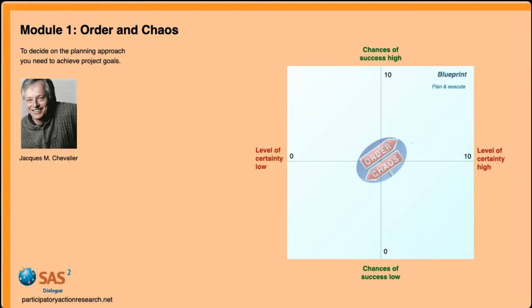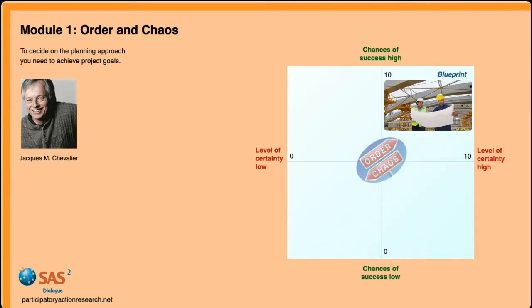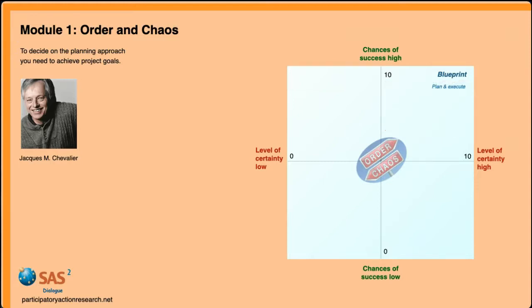The top right quadrant reflects a situation where conditions are favorable and where people are well informed about what they're getting into. In this scenario, you can plan in detail as though you were an engineer designing a new building. We call this a blueprint approach because it allows you to plan everything now and faithfully execute the plan with little left to chance. Some projects lend themselves to this approach.